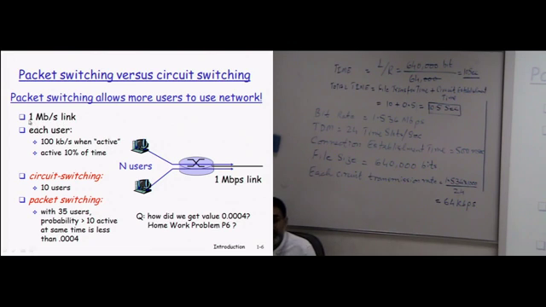For example, if we have a 1 megabits per second link, the data rate of the link is 1 megabits per second, and each user gets 100 kbps when active. How many users are sharing this link? 10 users are sharing this link if we go for circuit switching.